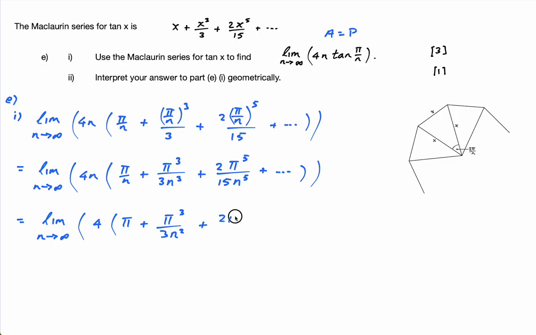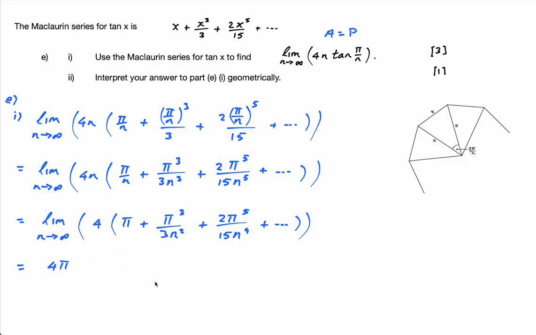This will be 2 pi to the 5 over 15n to the 4 plus ... And then all of this equals 4 pi. At this point, you can get rid of the limit, because essentially this n is becoming infinity. So if I put infinity in here and here and here, all these terms just basically turn to 0, and we're left with 4 pi.